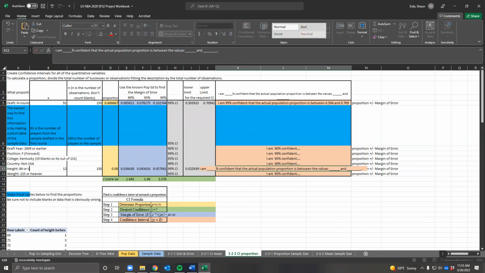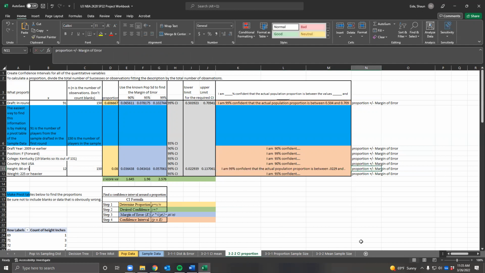I am 99% confident that the actual population proportion is between the values of, I mean, you could do, let's see here, 0.0229 and let's figure out 0.137.